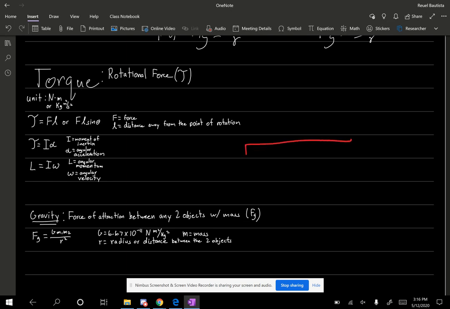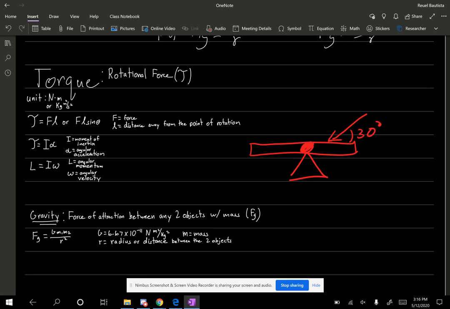Also important to understand: let's say I have a seesaw over here, and let's say this is the point of rotation. Let's say that instead of applying a perpendicular force, I apply a force at an angle. Okay, so that force here is not counted. I only care about perpendicular forces when I'm talking about torque.